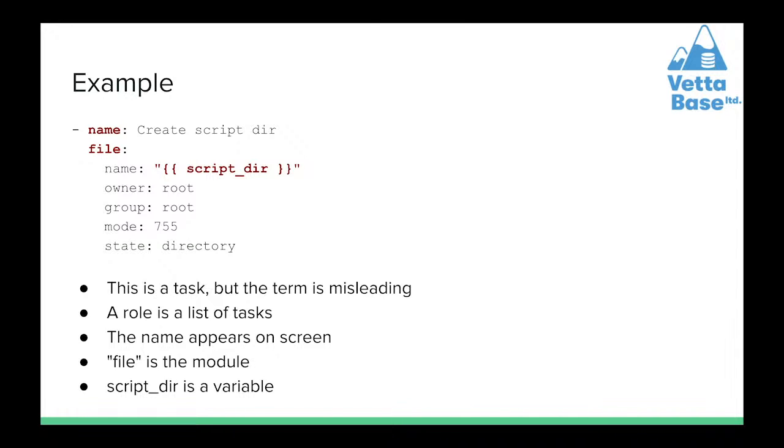You can see the syntax that is used to use a variable in your tasks. I am using double quotes. If I use single quotes, it will not be considered a variable, it will be considered a string.